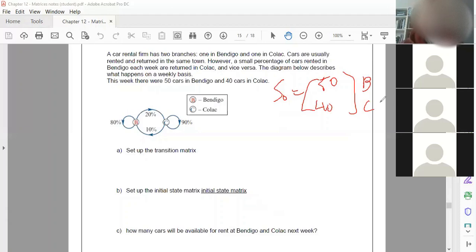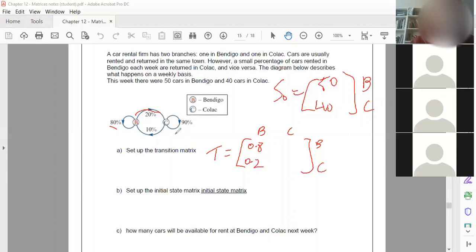Okay, set up a transition matrix. Let's do that straight away. We're going to go Bendigo, Colac, because I've set it as Bendigo first. So Bendigo to Bendigo, 80%. Bendigo to Colac, 20%. And I should know that because it adds to 1.